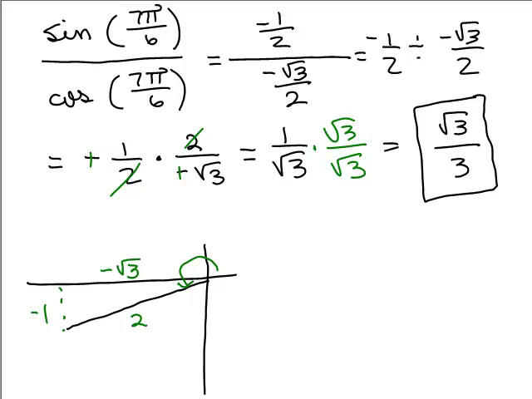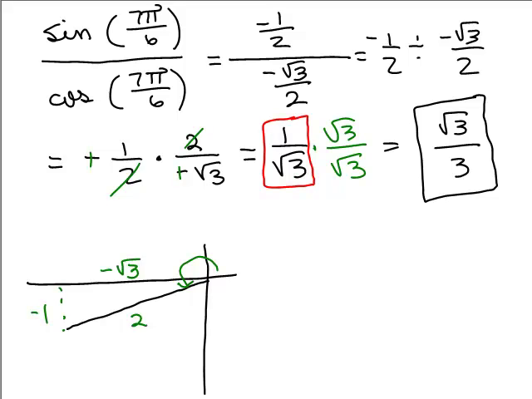One thing that you might notice is if you look at what I had right here before I simplified it, 1 over square root of 3, that happens to be the same thing as the tangent, right? The tangent would be y over x, negative 1 over negative square root of 3, and you do get 1 over square root of 3.